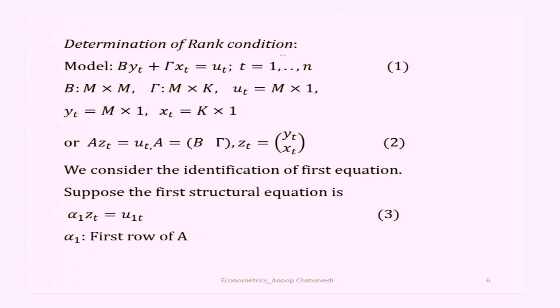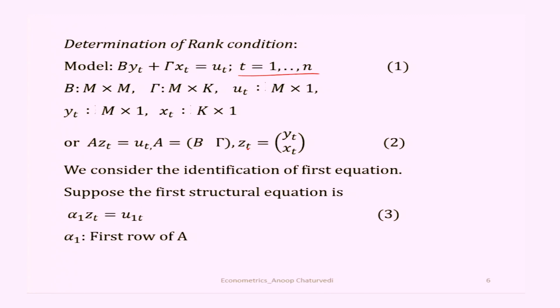Now, we derive the rank condition. Say we consider the model B y_t plus gamma x_t equal to u_t, t taking values from 1 to n. Here B is of order m cross m, gamma is of order m cross k, and u_t is of order m cross 1. Similarly, y_t and x_t are of orders m cross 1 and k cross 1 respectively.